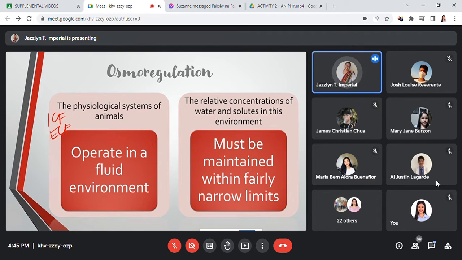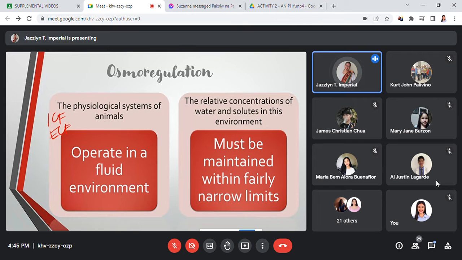So you already know how substances enter or leave the cell via your different transport systems. It can either be by diffusion, by facilitated transport, by active transport. It can be symport, antiport. All of these mechanisms are involved in the process of osmoregulation, particularly, of course, osmosis.